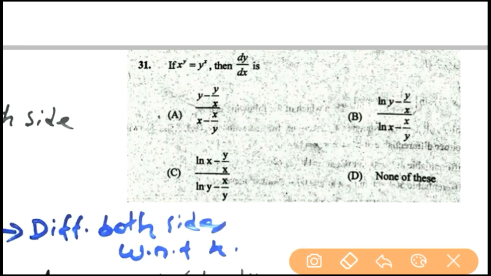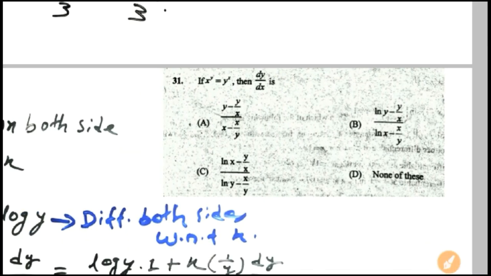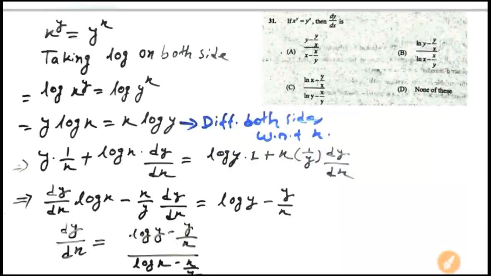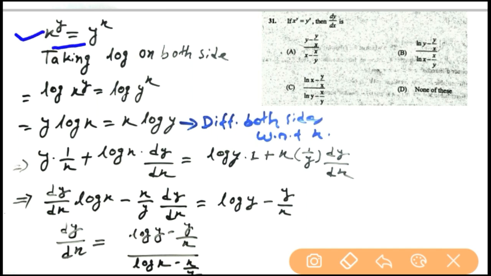In the next question, we have if x to the power y equal to y to the power x, then dy by dx is. We have x to the power y equal to y to the power x. Taking log on both sides, whenever such type of question comes, power of variable equal to variable of power, then we will take log on both sides.